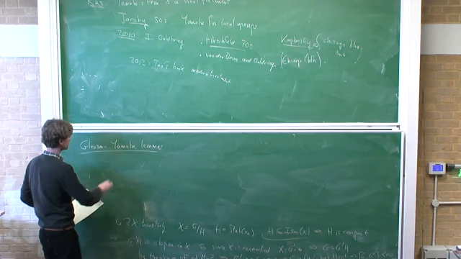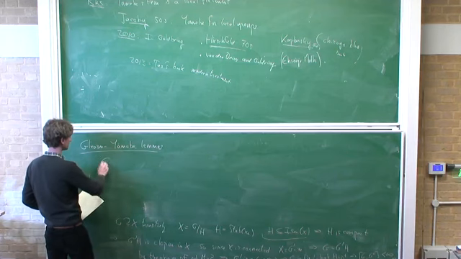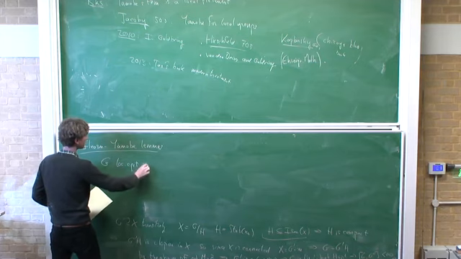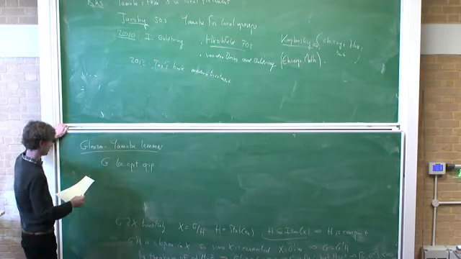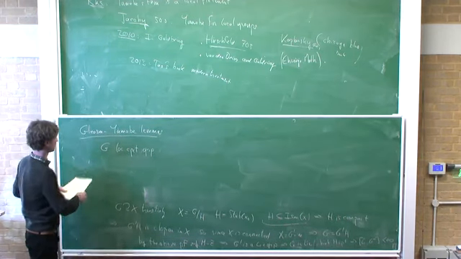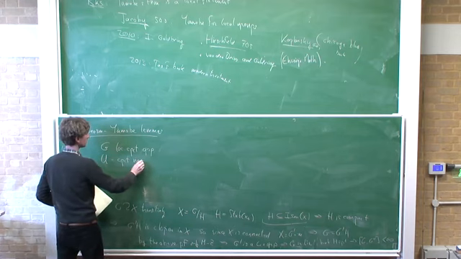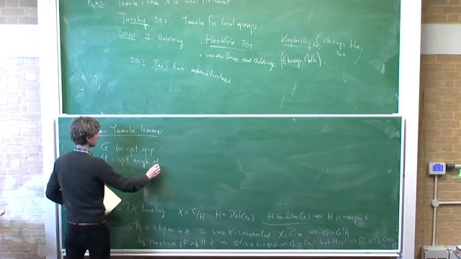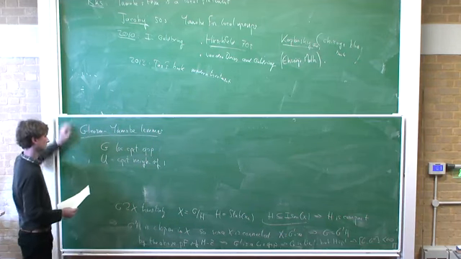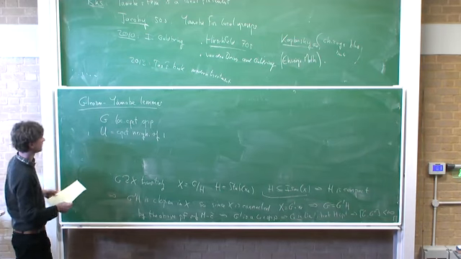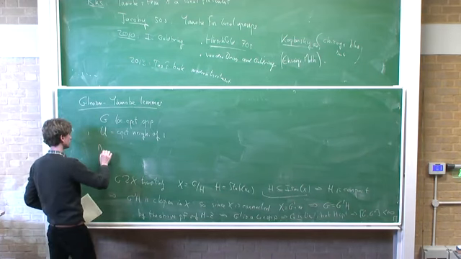Okay, so the setting is this. G is a locally compact group, and U is a compact neighborhood of the identity. And then I'm going to introduce this notation.